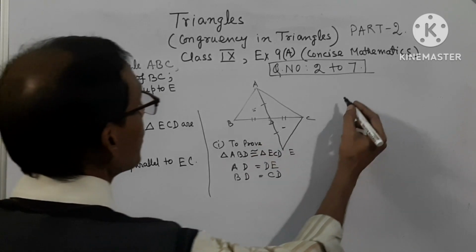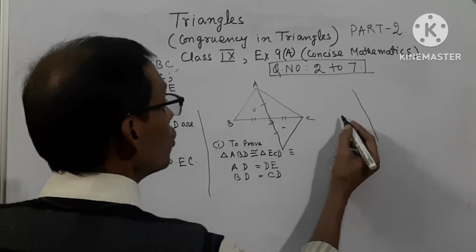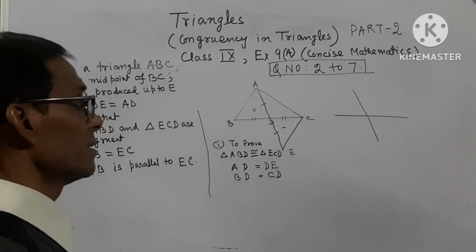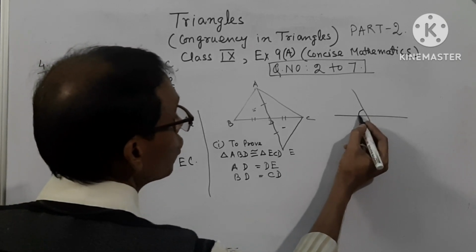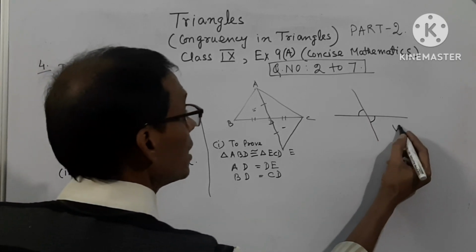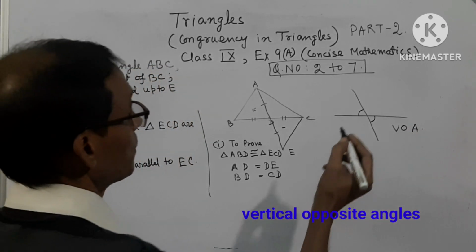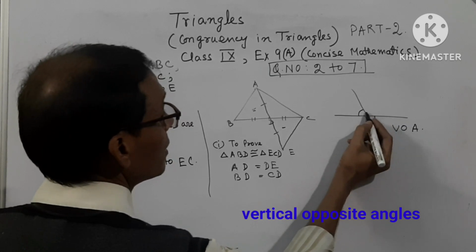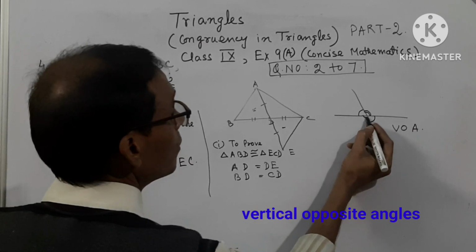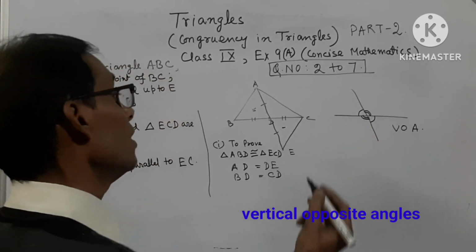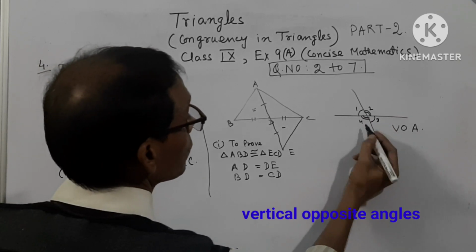I don't know if you are aware or not, if two straight lines intersect each other, these two angles are called vertical opposite angles. That means this equal to this, and this will be equal to this one. They are vertical opposite angles. I label it 1, 2, 3, 4.